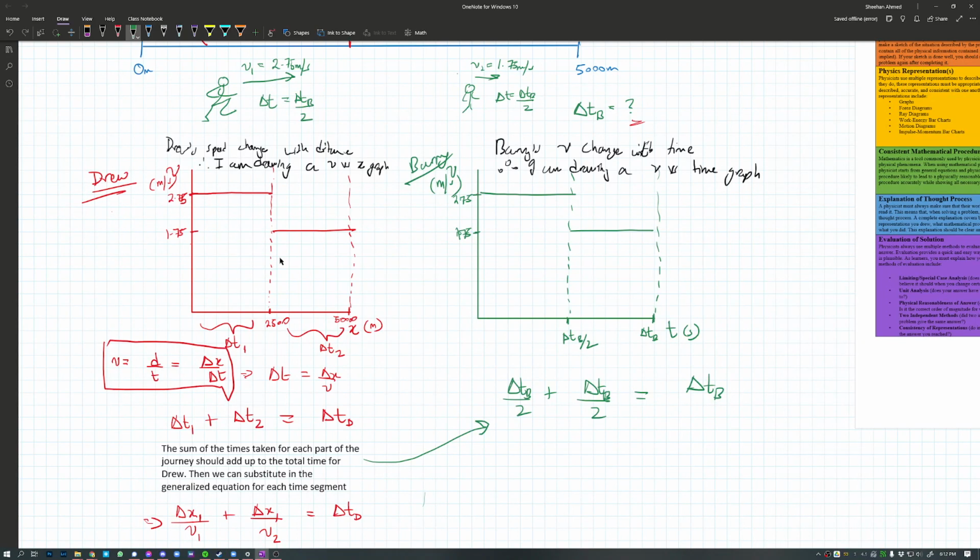Well, we can substitute in our general equation, or, well, can we work with this? I don't know what these times are. What if I replace them with delta x1 over v1 plus delta x2, which is the different distance covered in the second half, by v2 equals delta tB.